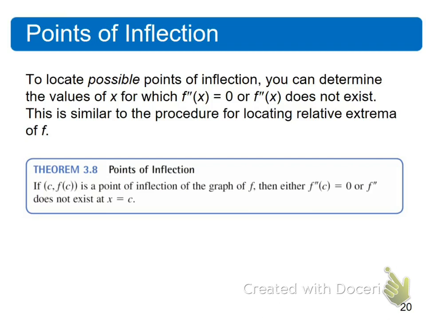So a point of inflection is where concavity changes, but we also know the second derivative had to either be 0 or undefined, does not exist.